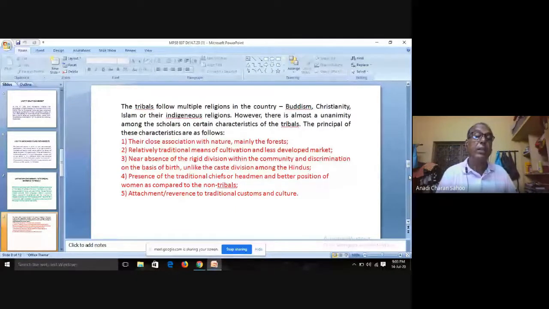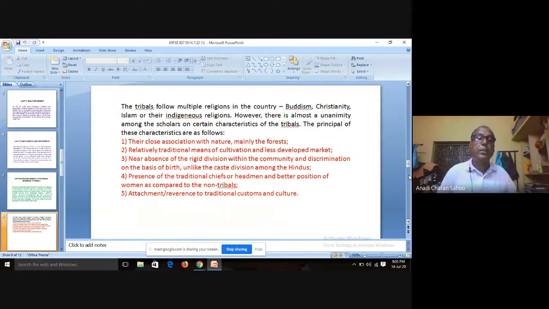Secondly, tribals rely on relatively traditional means of cultivation and a less developed market. Thirdly, near absence of rigid division within the community and discrimination on the basis of birth, unlike the caste division among Hindus.